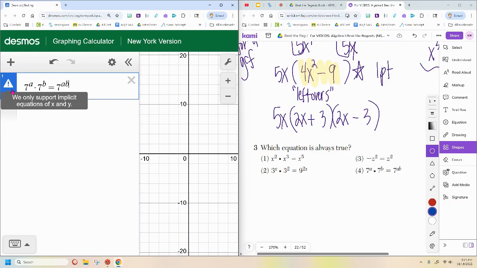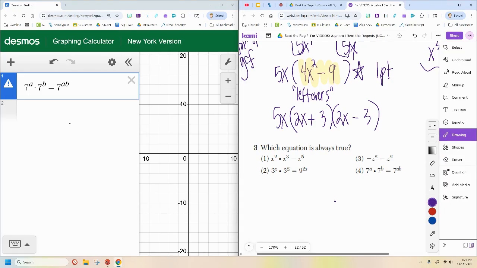So let's just go back to the idea that up above, we were looking for an expression that was equivalent to another expression.